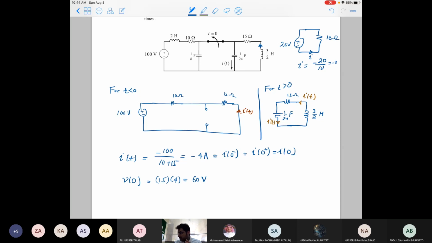So assuming that the current is flowing in this direction, we want to make sure that when we open the switch, the current here is continuous. The current is only continuous if it's flowing this direction.